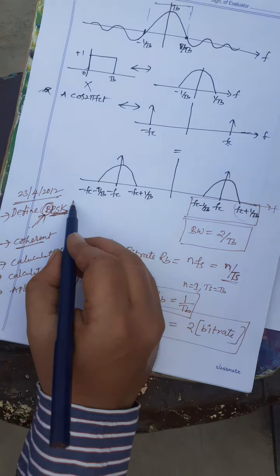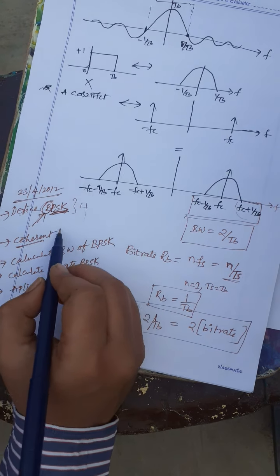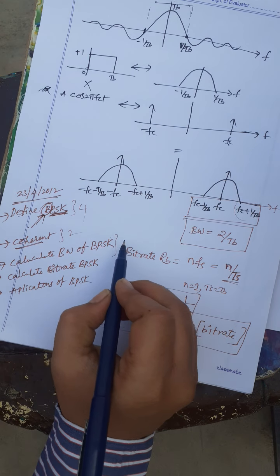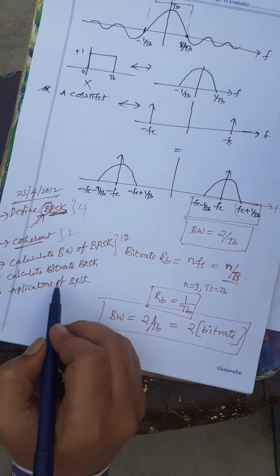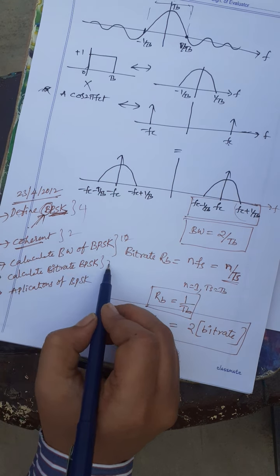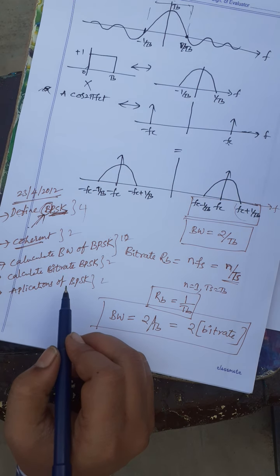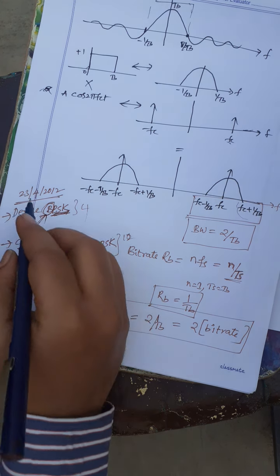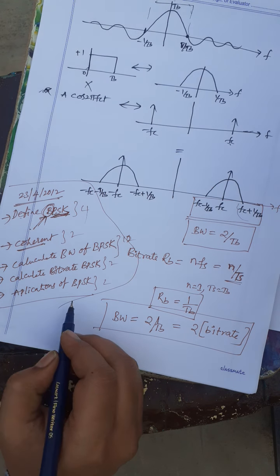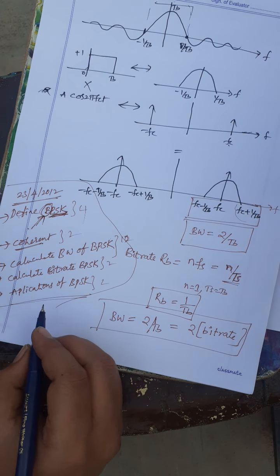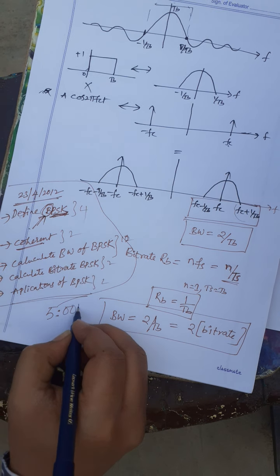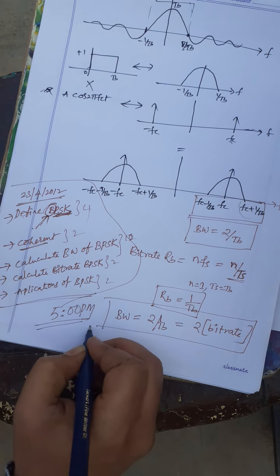Okay, it takes 4 lines, it takes 2 lines. The calculation will take 10 or 12 lines. Bit rate takes 2 lines. Almost within 1.5 pages you will complete this assignment. Everyone should complete this assignment and convert it into PDF. You should send it before 5 PM today. Thank you.